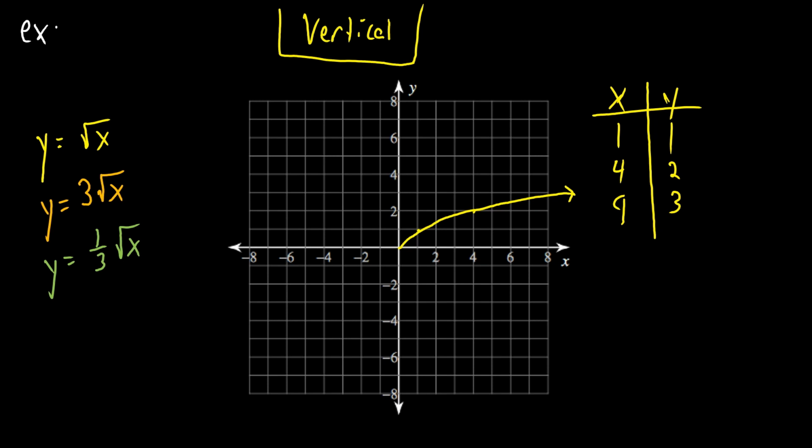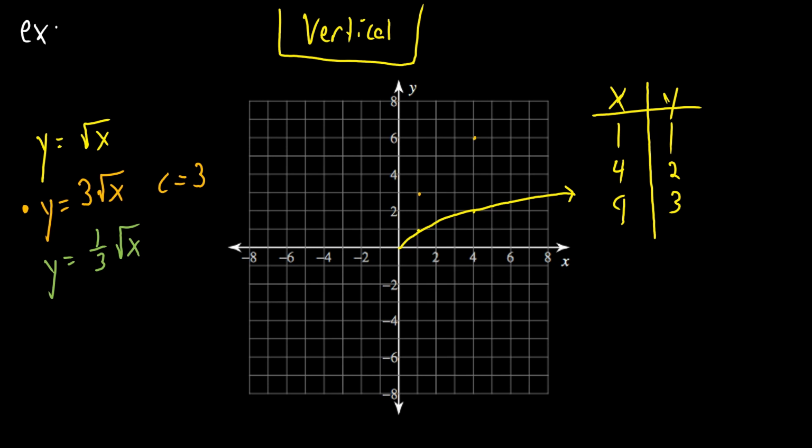Okay, so now let's move on to y equals 3 times the square root of x. So our c in this case would be 3. So if we just look at our table here, everything is going to be multiplied by 3. So instead of 1, 1, it's now going to be 1, 3. Instead of 4, 2, it's going to be 4, 6.